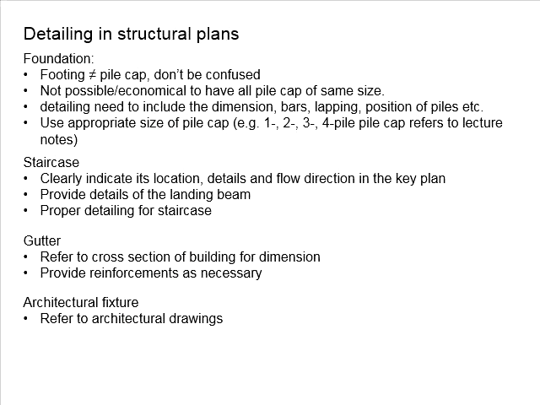You know that the detailing is very important to the contractor, giving them an idea how the structure is being fabricated. It should be comprehensively illustrated, neatly presented, carrying all the essential information required for the contractor to fabricate the member on the construction site.